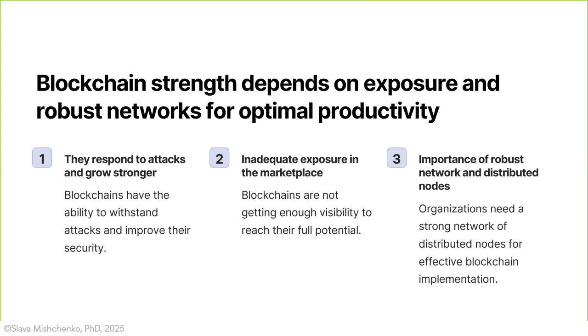You can think about this the following way. When traditional systems face attacks, they typically weaken or fail. But blockchain? It's quite the opposite. Each attack attempt actually helps the system identify and fortify its weak points.